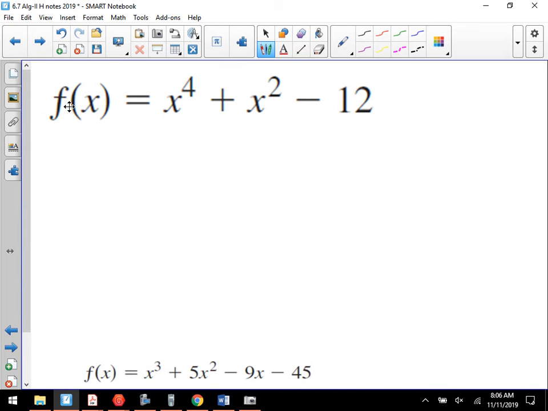When you see that, treat it like you would a regular quadratic. What times what is negative 12, and you add together to get 1? So we have x squared plus 4, x squared minus 3. You okay with that?